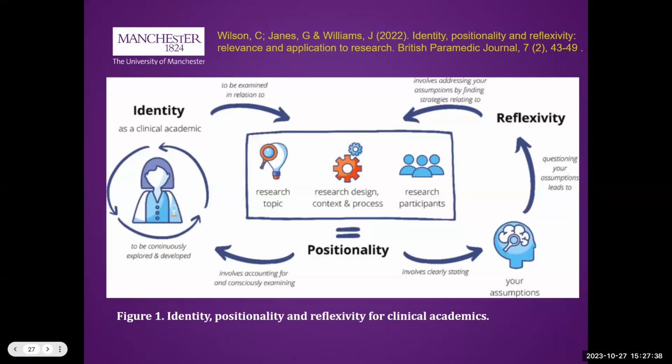So reflexivity is that thinking process that takes time, and it's performed throughout the research journey. And it is influenced by your identity, who you are, your social context.